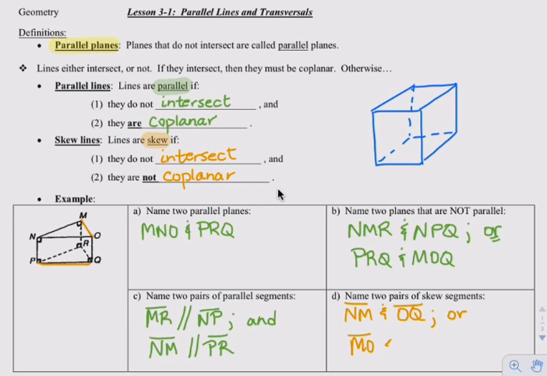Now again, remember the idea of skew is that they never intersect, but they're also not coplanar. So you want to make sure they're neither intersecting nor parallel.